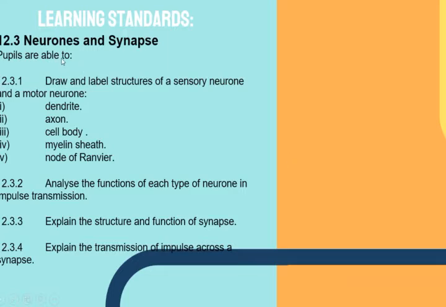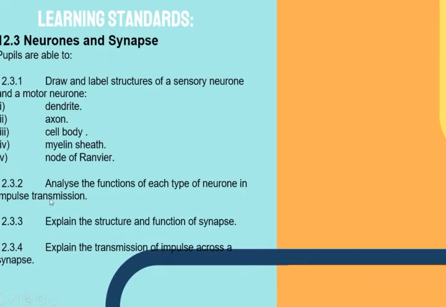Pupils are able to draw and label structures of a sensory neuron and a motor neuron. The structures of the neuron consist of dendrite, axon, cell body, myelin sheath, and node of Ranvier. All of these are structures of a sensory and also motor neuron.